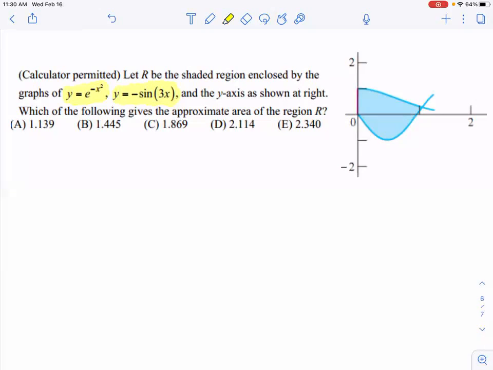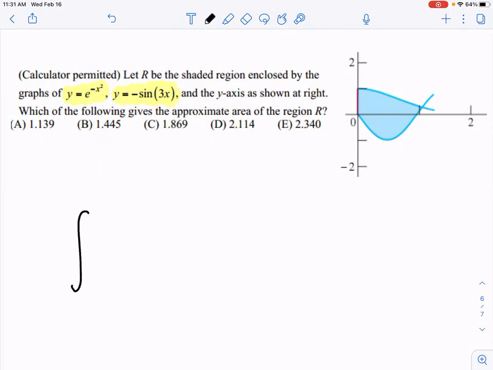Making sure your calculator is in radian mode, please put these two in the y equals of your calculator. E to the negative x squared.